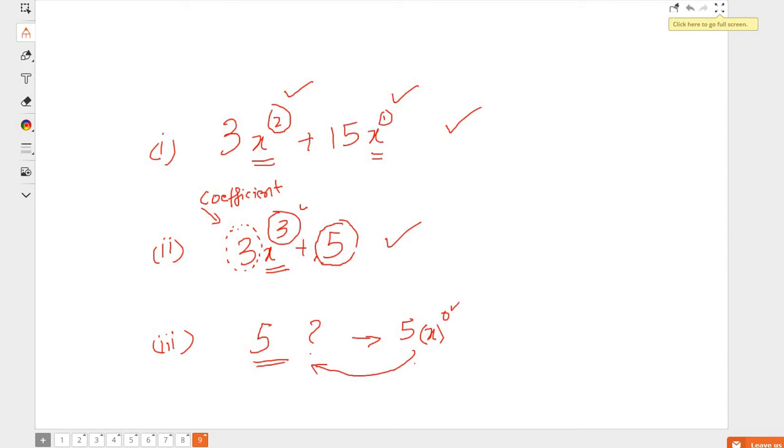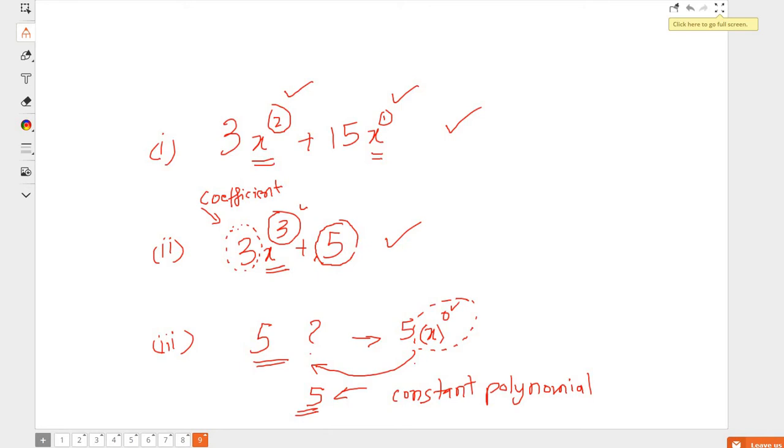When there is only a constant term, we consider the power of x to be 0, and these are our constant polynomials.